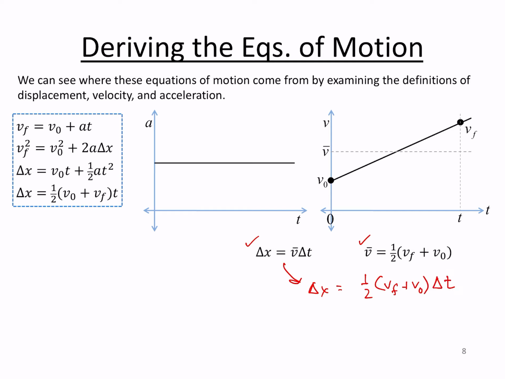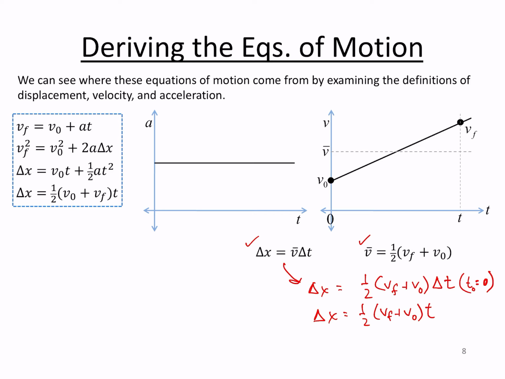And the only thing we need to do here is, again, assume that t0 equals 0. And that way we can just write it exactly as we have it over there on the left of the page. I'll put that in print, but that's where we get that fourth equation of motion in our list.